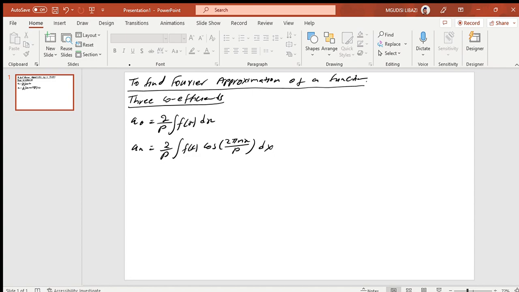The third is bn, which is 2 over the period times the integral of f of x sine of 2 pi nx all over p, where p is the period of the function. The only difference between an and bn is that one uses cosine and the other uses sine.